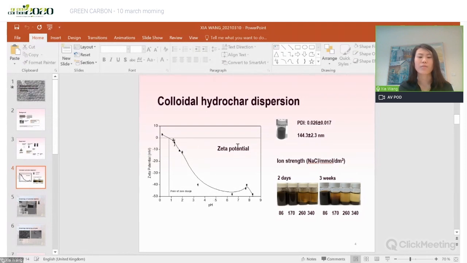And with the repulsive and the attractive forces, the dispersion is very stable. And we tried sodium chloride to destabilize this dispersion, and it turned out that over 100 millimole per liter of the salt solution can destabilize this dispersion after 2 days or 3 weeks, a longer time.